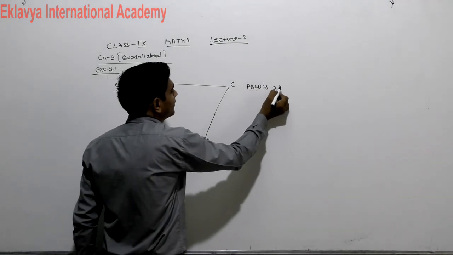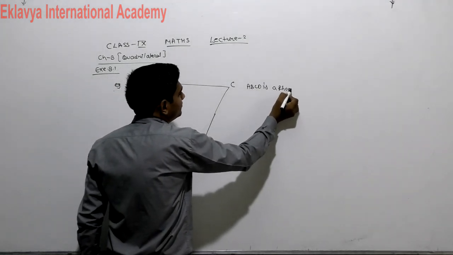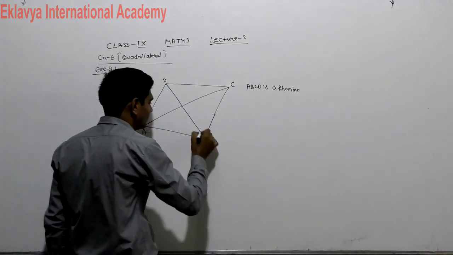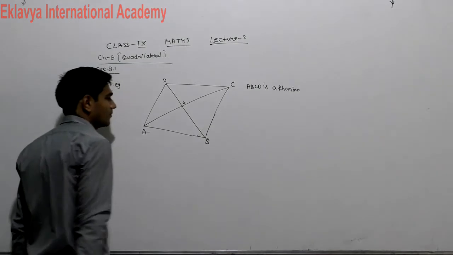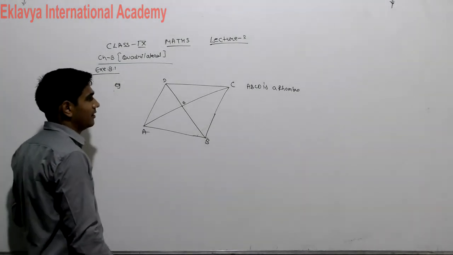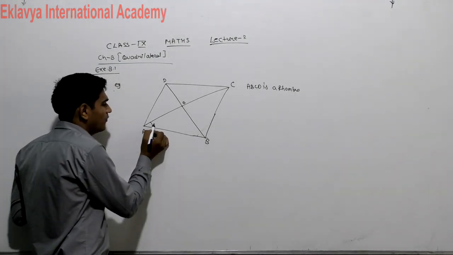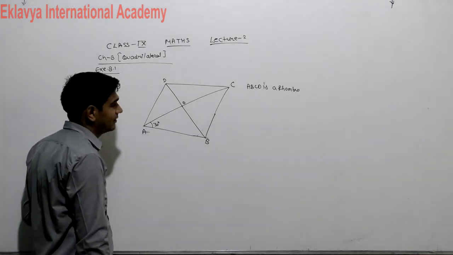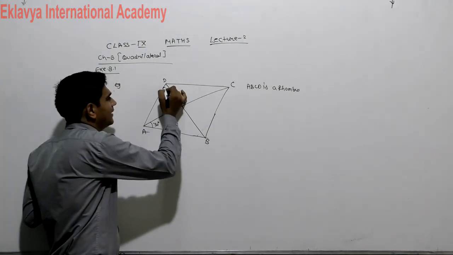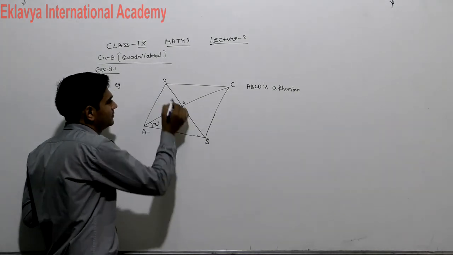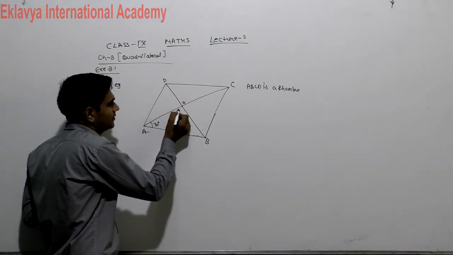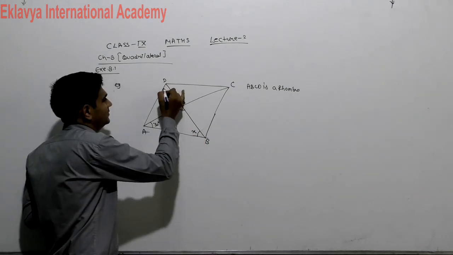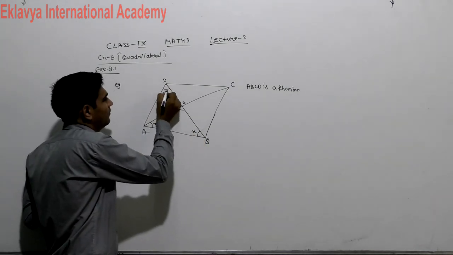ABCD is a rhombus, in which it is given that the value of that angle is equals to 30 degree, right? And the value of that angle we consider that is x. Value of that angle is 40 degree.